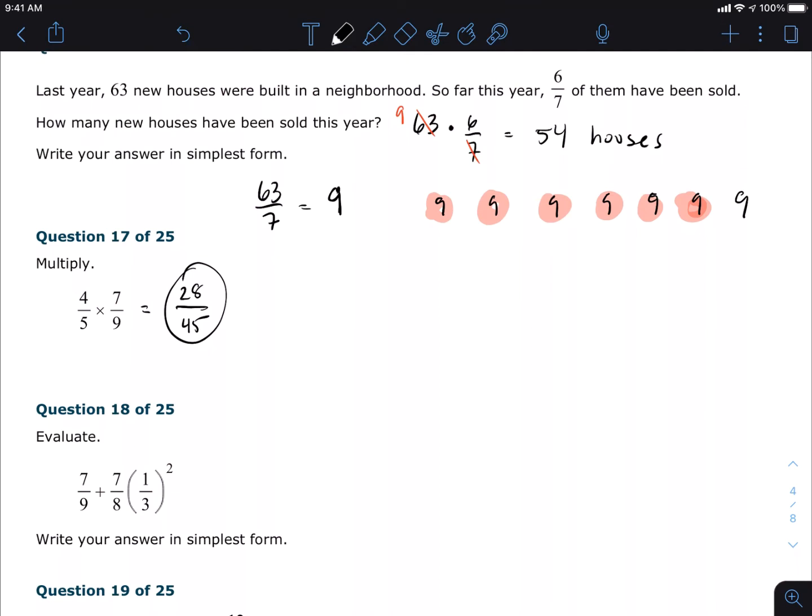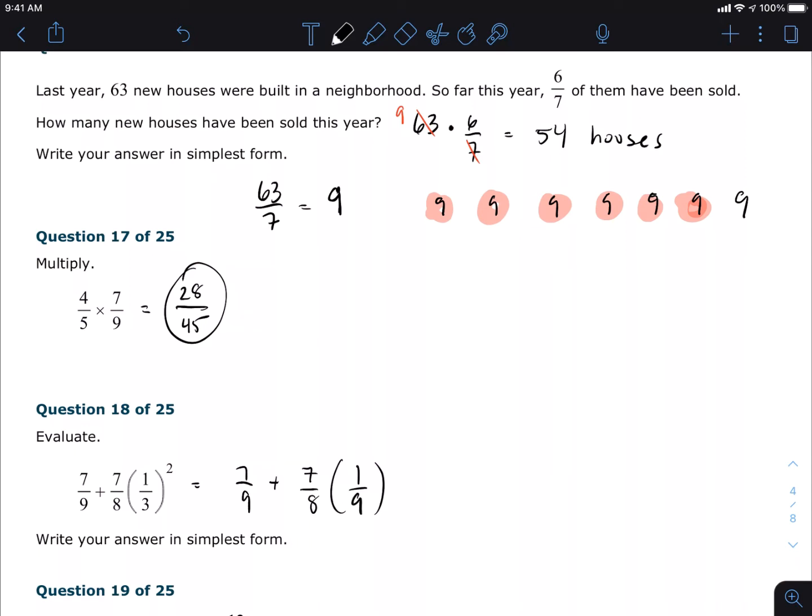All right. This next problem does require that we do it in the proper order. So that means that we have to do the exponential first. So I need to go 1/3 times 1/3, and 1/3 times 1/3 is 1/9, correct?